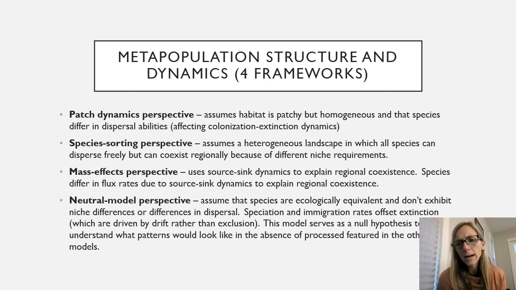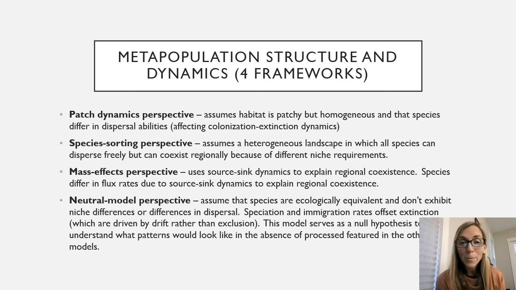And finally, the book goes into some detail about metapopulation structure and dynamics, four frameworks that we might test in landscape ecology. The patch dynamics perspective assumes that the habitat is patchy but homogeneous and that species differ in dispersal abilities.